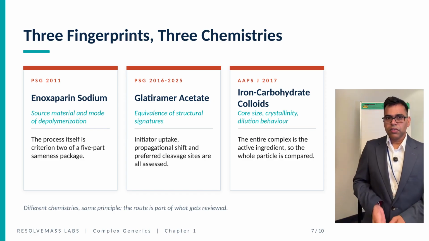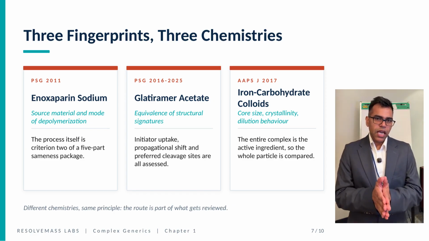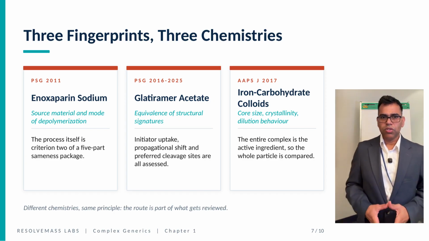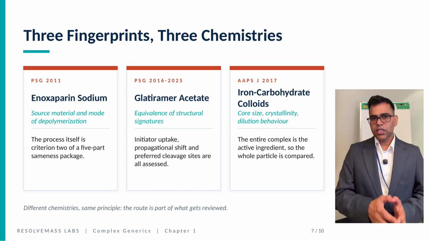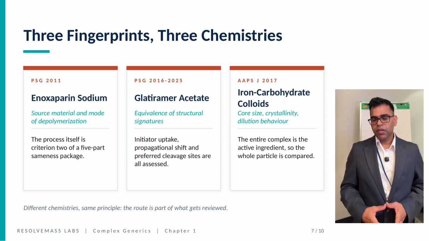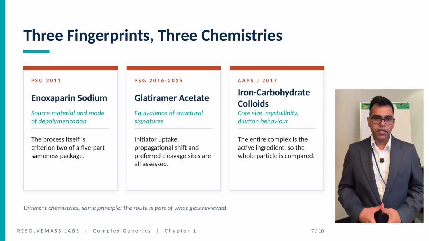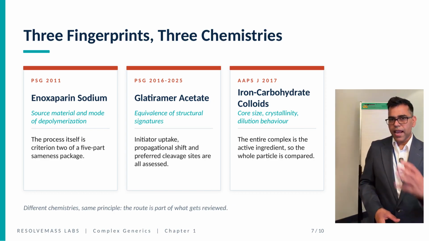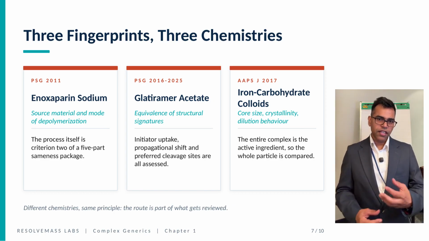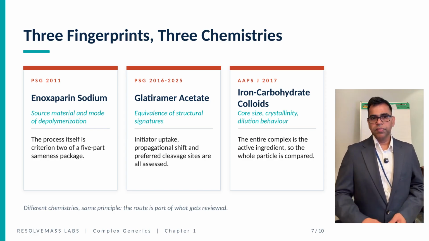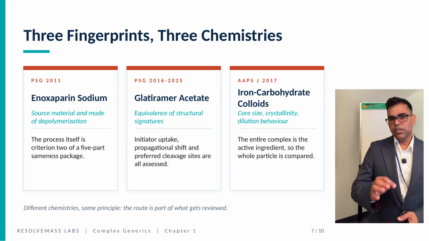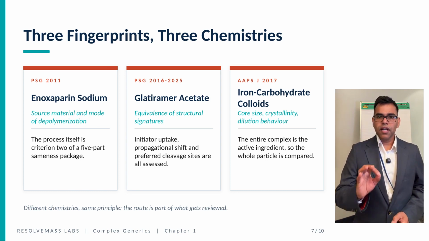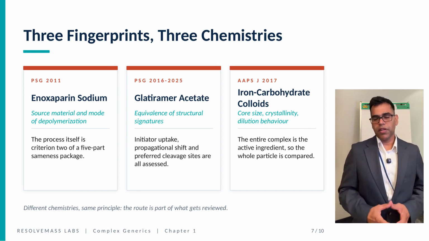Now, three fingerprints and three chemistries. Three real examples show what reviewers actually read. For enoxaparin, FDA approved a generic through an ANDA on a 5 criterion sameness package, and criterion 2 is the heparin source material and the mode of depolymerization.